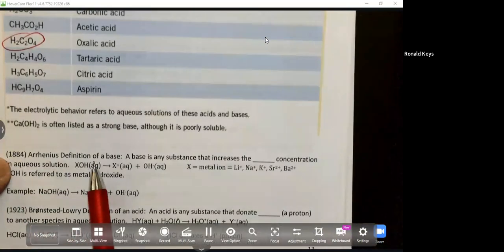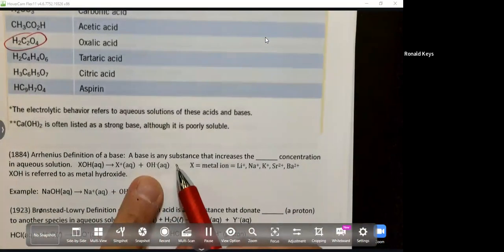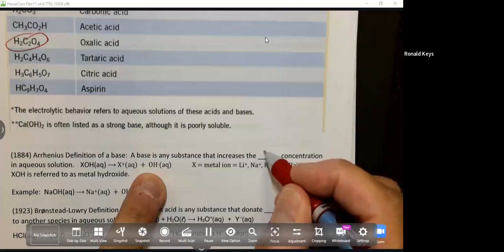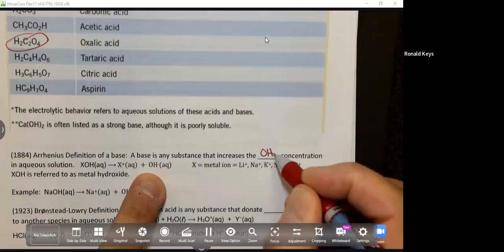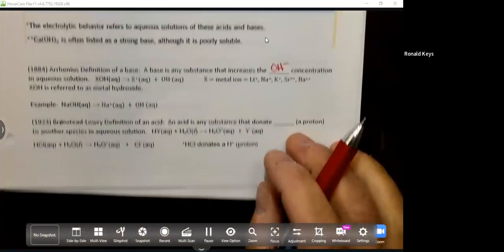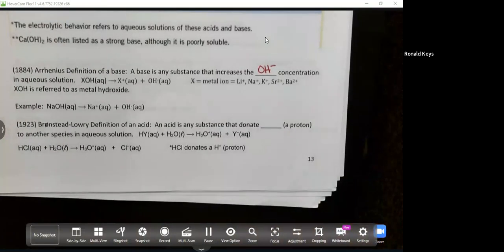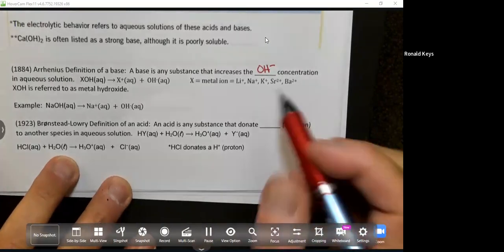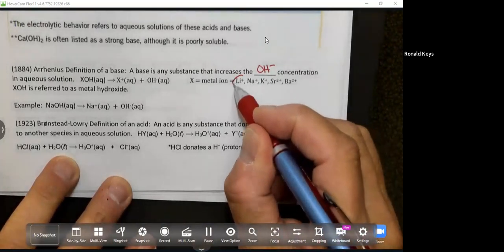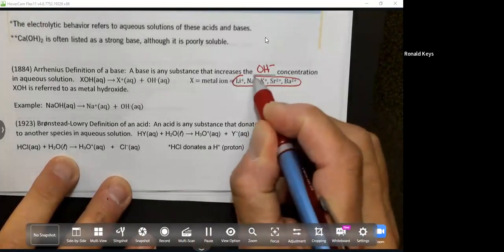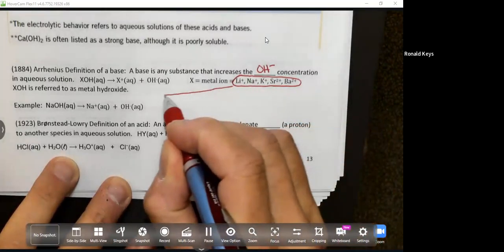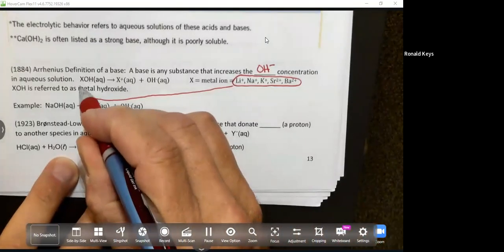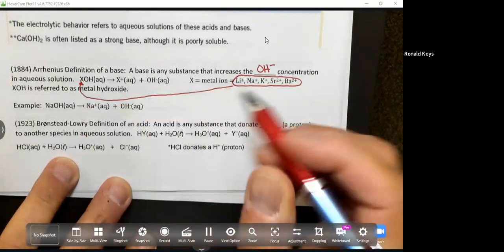So 1884, definition of a base. A base is any substance that increases OH minus, hydroxide. So this is what your textbook considers. If I put them in for X, these are strong bases.